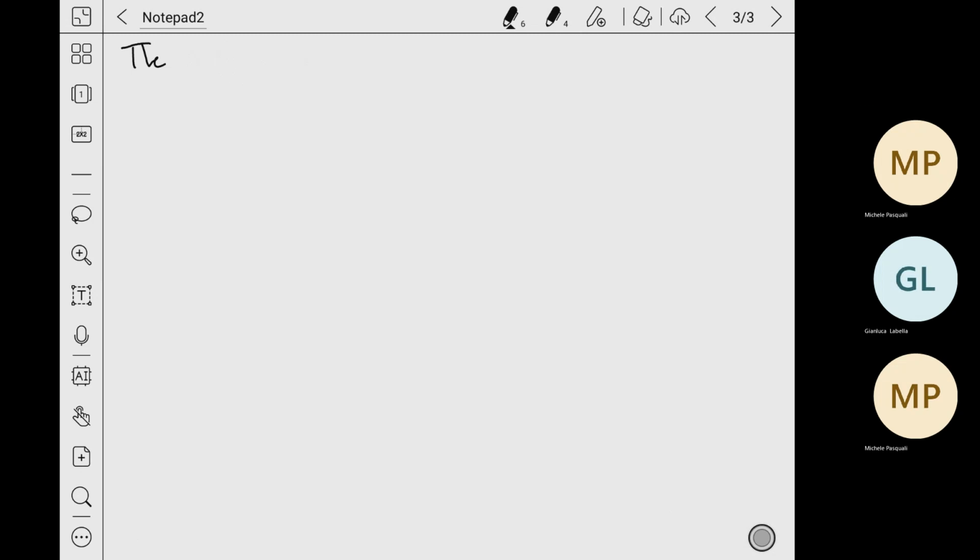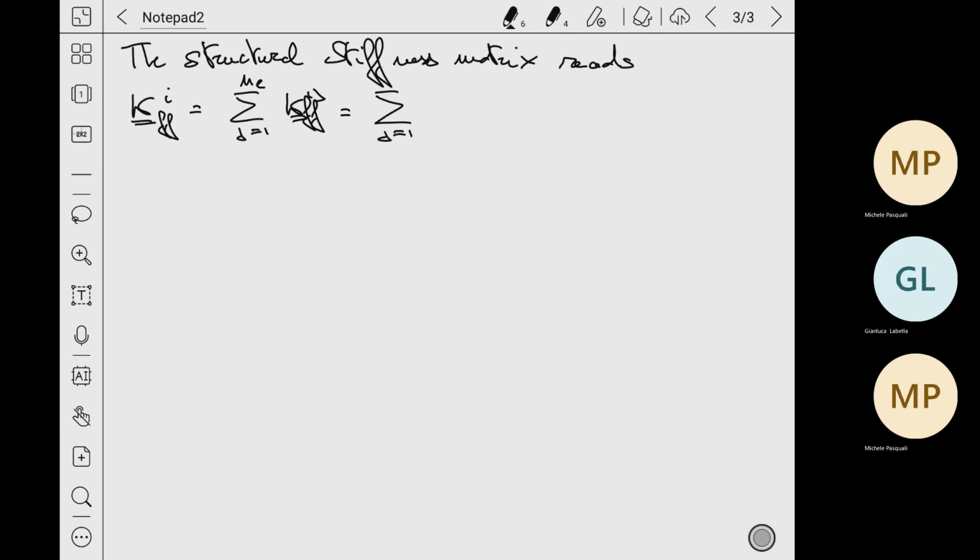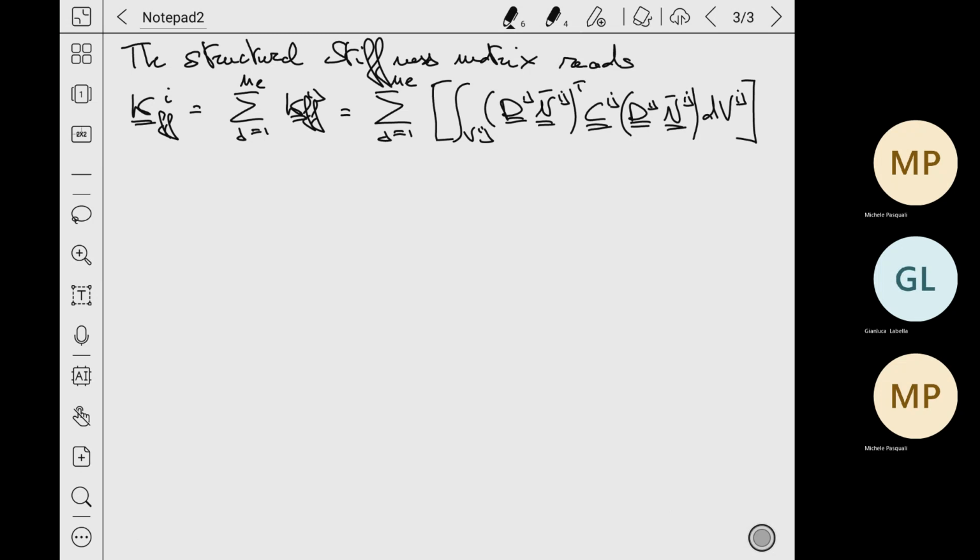So the structural stiffness matrix, again, it's just the sum, the linear operator transposed. Okay, this is what we get.